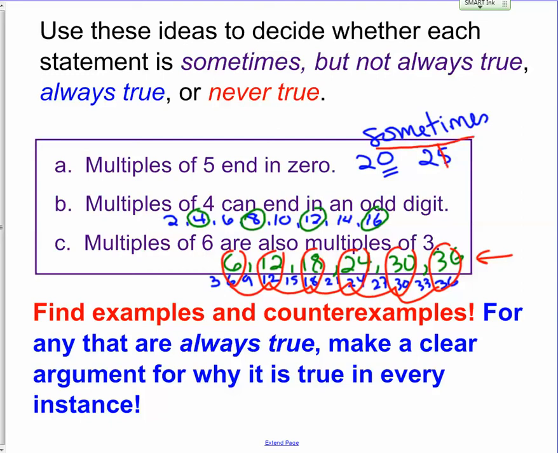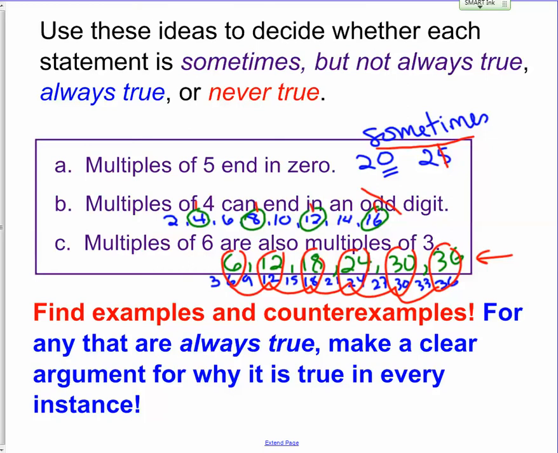Multiples of 4 can end in an odd digit. Well, the multiples of 4 are 4, 8, 12, 16, and notice that they are also multiples of 2, but they're every other one. So every multiple of 4 is in the multiple of 2 list, and those are all even numbers, so it's never true.